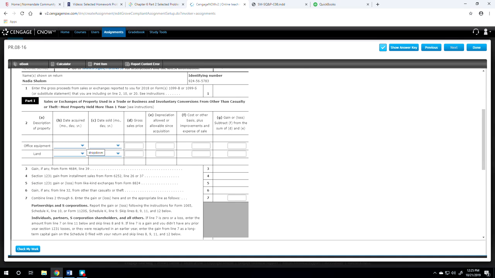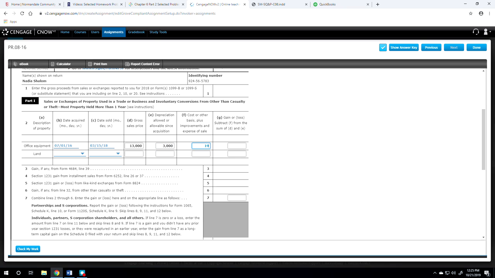So we've got office equipment. The office equipment was acquired, they told us, on July 1st, 2016. It was sold on March 15th, 2008. The sales price was $13,000. The depreciation, $3,000. So I'm just using the information they gave us in the problem.